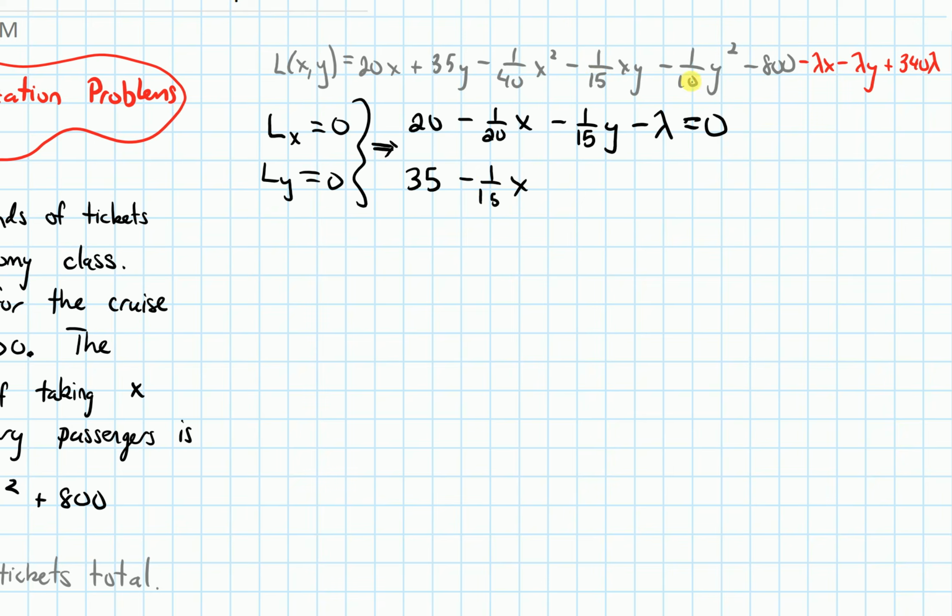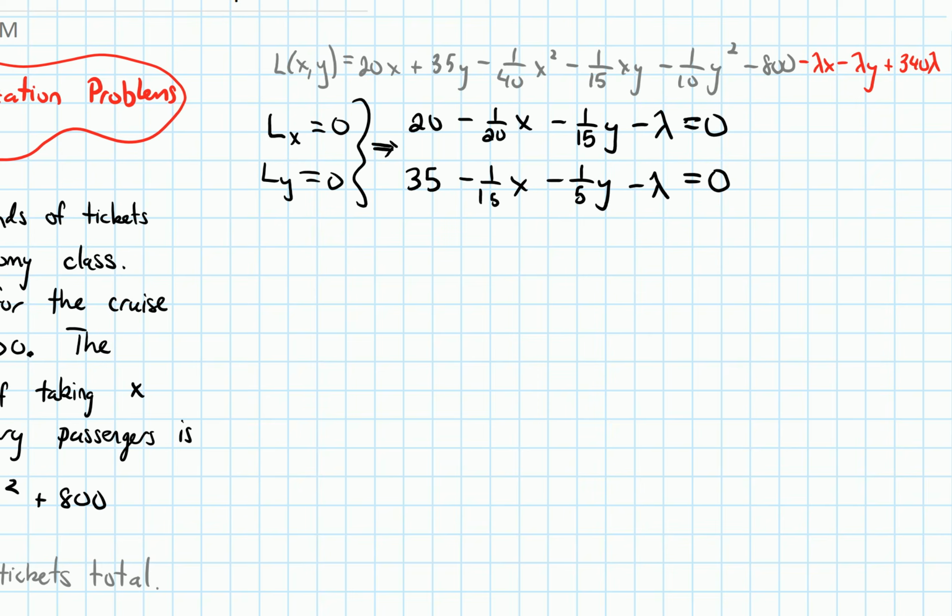For the minus 1 over 10y squared, that derivative is going to be minus 1 over 5y. And then the minus 800 and the minus lambda x don't have any y's in them, so their derivatives are going to be 0. For the minus lambda y, that partial is going to be minus lambda. And then for the 340 lambda, that's a constant, so that derivative is 0. All right, so we get this equals 0.